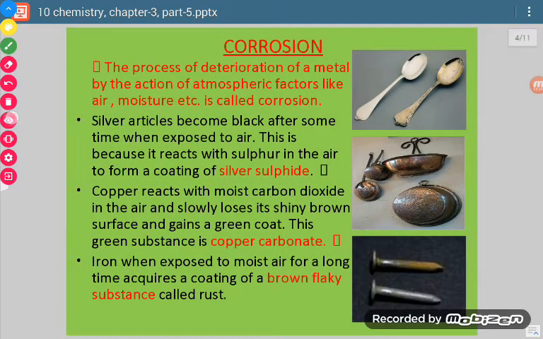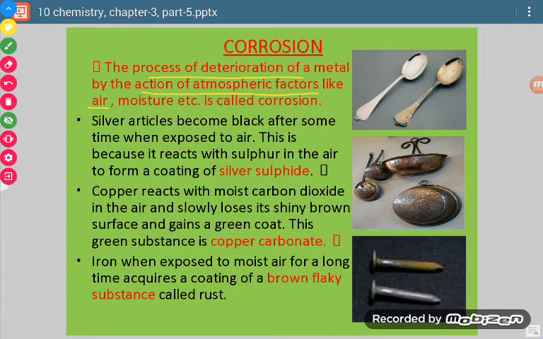Now we come to the last topic, it is corrosion. Now the definition of corrosion was done in the beginning also. So, what is corrosion? The process of deterioration of a metal by the action of atmospheric factors. What are atmospheric factors?